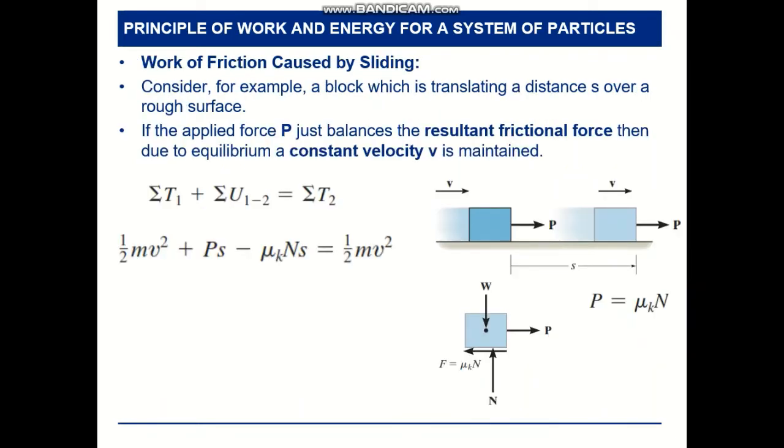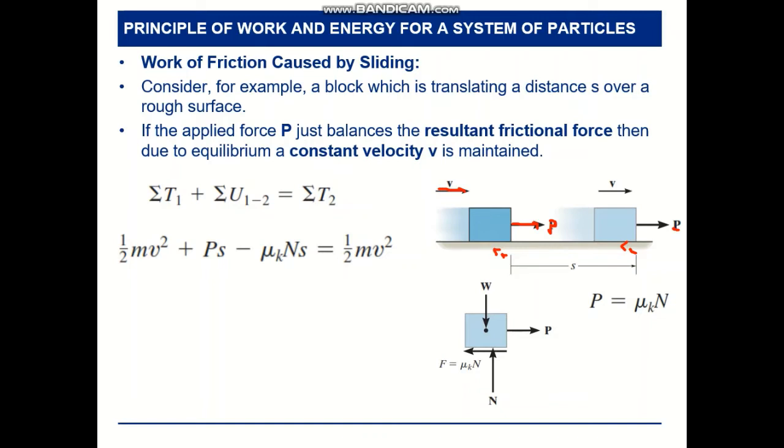Before we go through the examples, the last thing: let's depict the frictional force acting on the body. Let's say we have a block and it applies a force of P, and it has a velocity V, and from S1 it comes to S2 with a constant force and constant velocity.